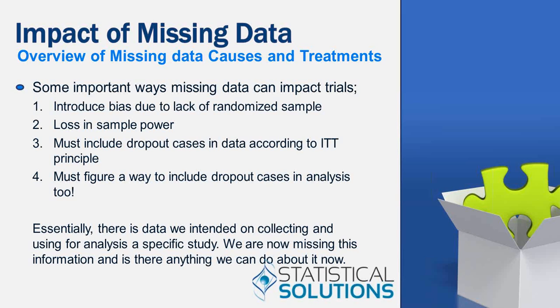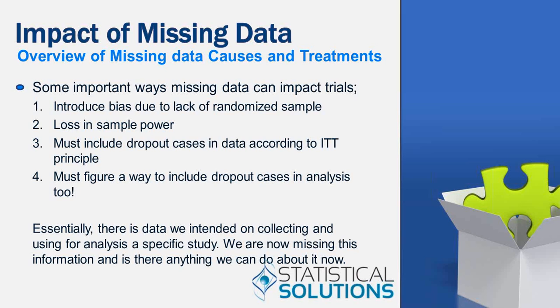So the goal of imputation is to keep the information that has been recorded in the study, not to come up with answers for missing data points. That's a subtle point I wanted to make there.